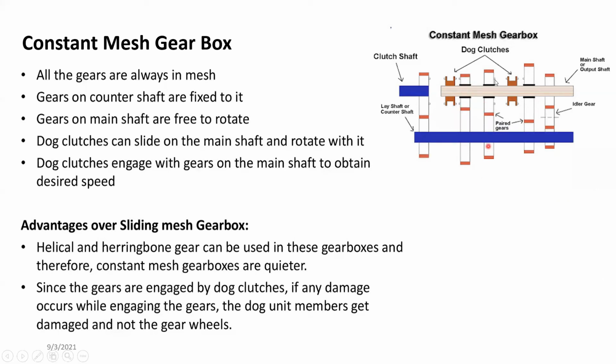So even though the gears are constantly meshed, the power is not transmitted to the main shaft itself. Instead, these gears use something called dog clutches. In the dog clutch, there's a sliding mechanism which has teeth that engage with each set of gears in order to change the gears. In reverse gear, they still had to use a separate gear as shown here, in order to change the direction.